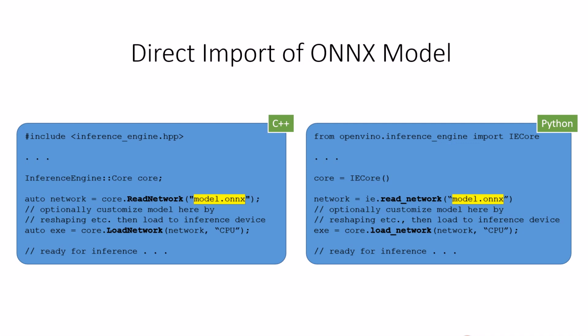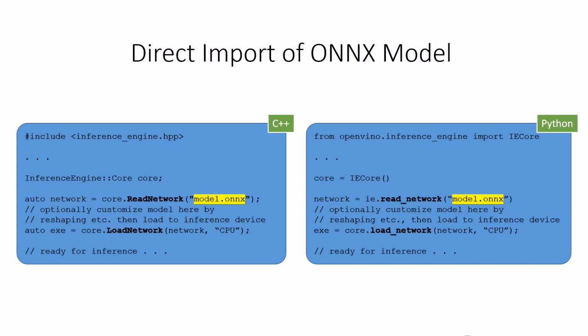In the code, it looks like this. Regardless of the language we use to write the application, the steps are quite similar in C++ and Python. First, create the core object, which is an entry point for the inference API. It allows you to read the models and load them to plugins. Here we are reading the model from an ONNX file. After reading, you can do some model adjustment, like setting a new input shape for model inputs.